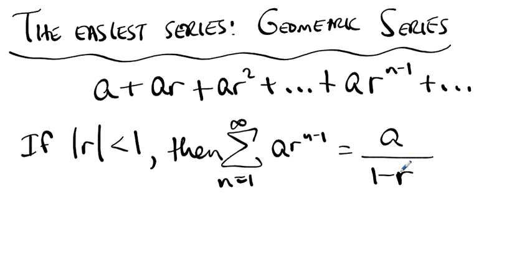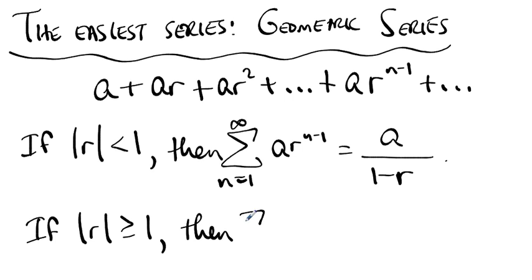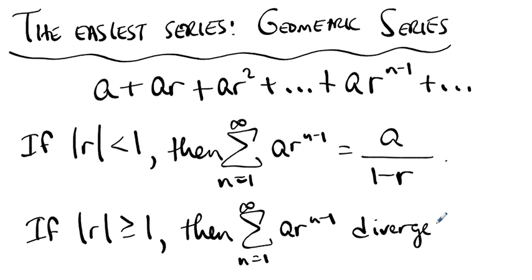This is standard high school mathematics in New York right now. If the absolute value of r is greater than or equal to 1, then the summation diverges. This is basic stuff.